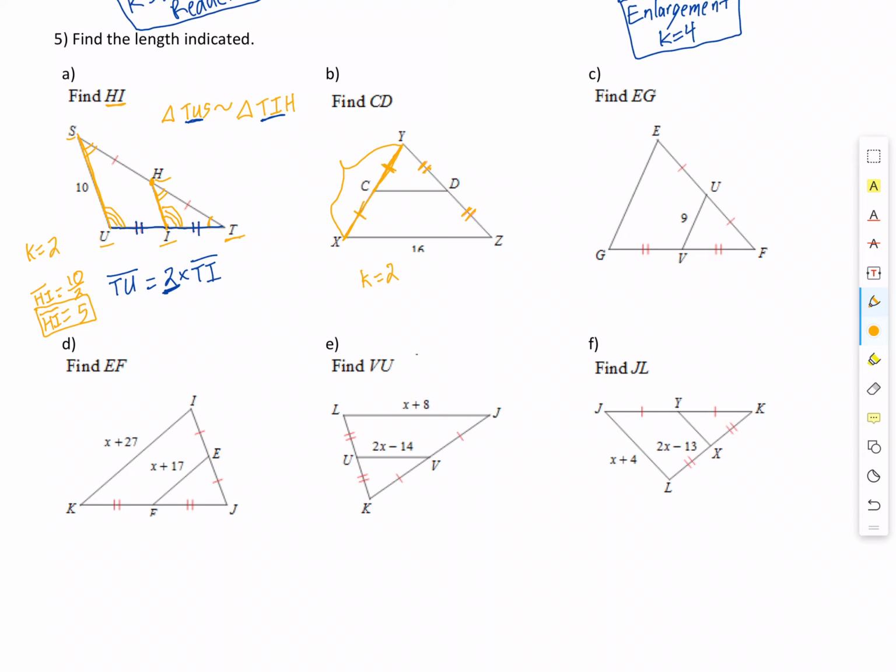So here, if XZ, the length of that is equal to 16, that means the length of CD is equal to 16 divided by 2, which is equal to 8. So CD, the length is equal to 8. Okay.